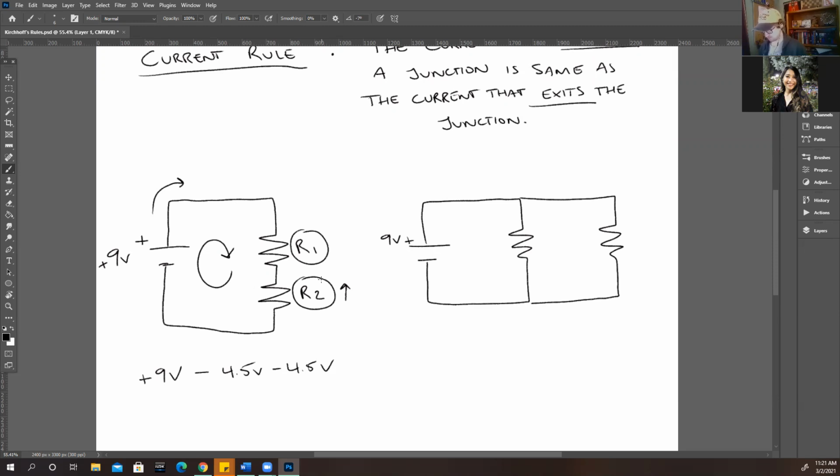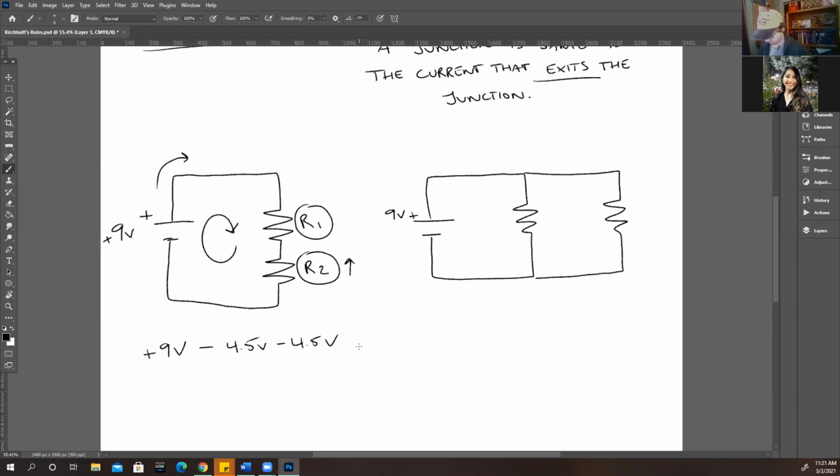I want to say it's up to you. If it doesn't make sense to make these negative for you, you could say that the battery starts with negative 9 volts, and then it's flowing that way. It's really just a matter of how you want to think of it.